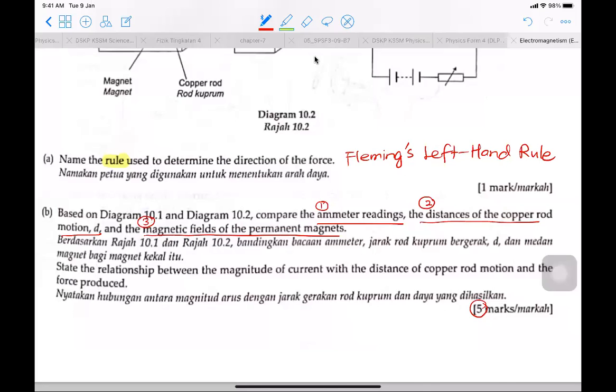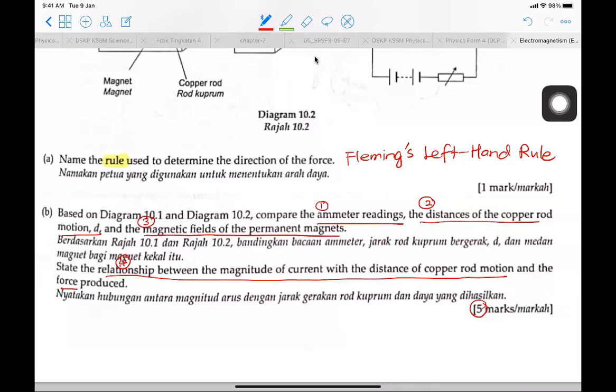Now the 2 points left are when you state the relationship between the magnitude of current with the distance of copper rod motion. This one is number 4. Okay, state the relationship between the magnitude of current with the distance of copper rod motion and the force produced.